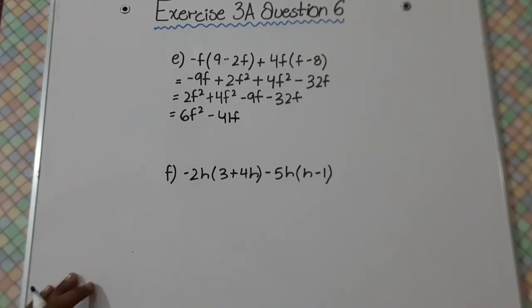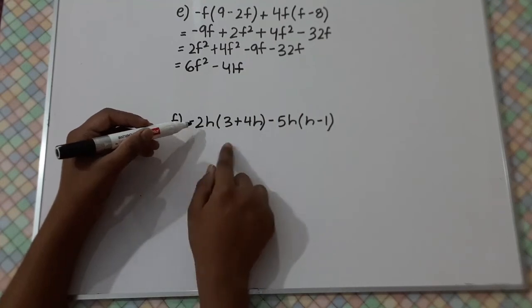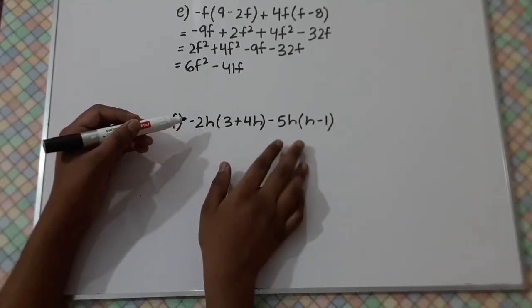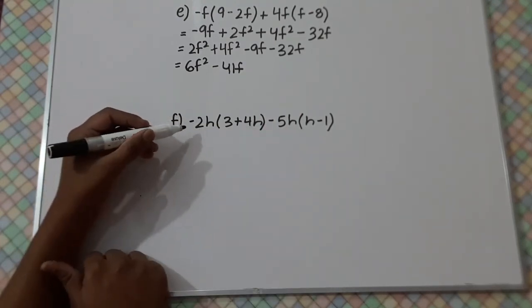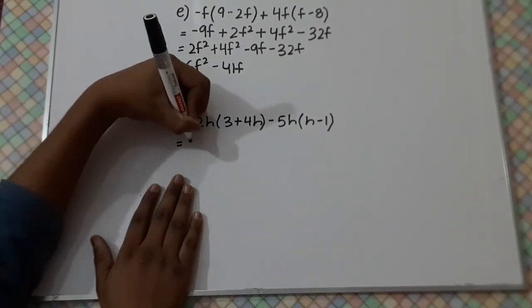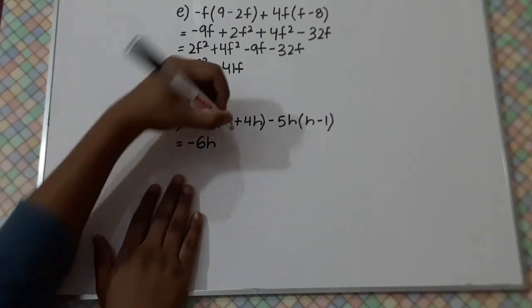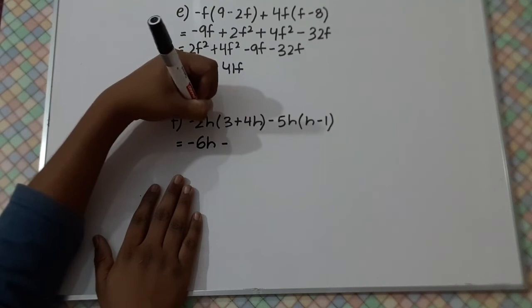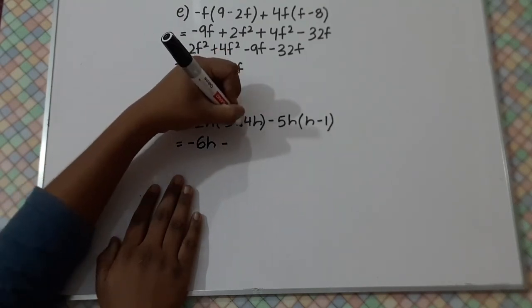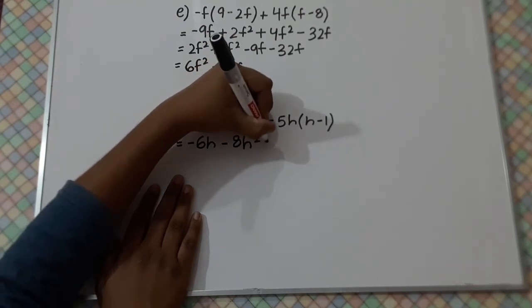Then now let's move towards the last part of this question. Minus 2h would be multiplied with this bracket and minus 5h with this bracket. Minus 2h multiplied by 3 would be minus 6h. Then minus 2h multiplied by 4h is 8h squared.